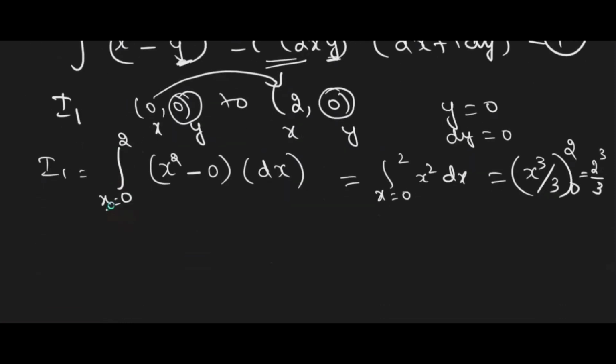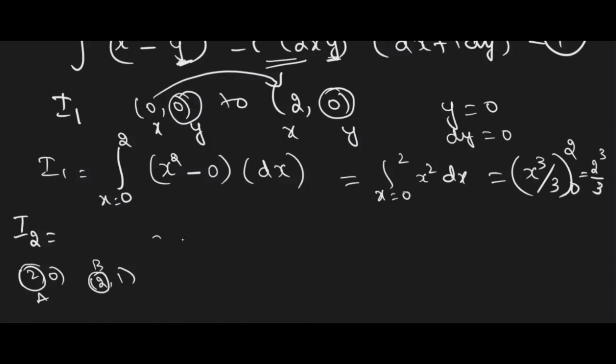Now to find I2, which is along AB. What is the point A? The point A is (2, 0) and B is (2, 1). If you notice, x is fixed.